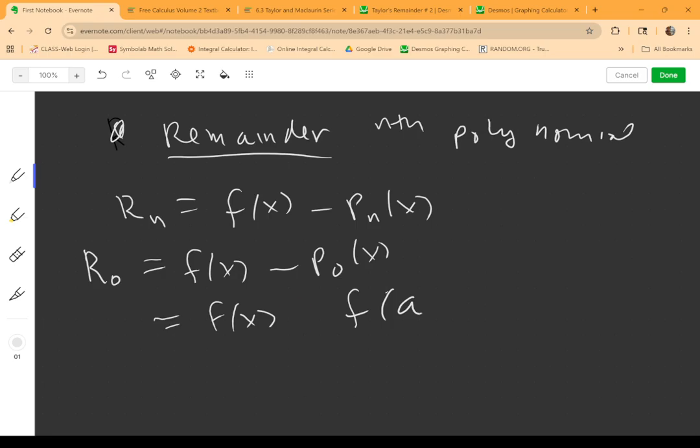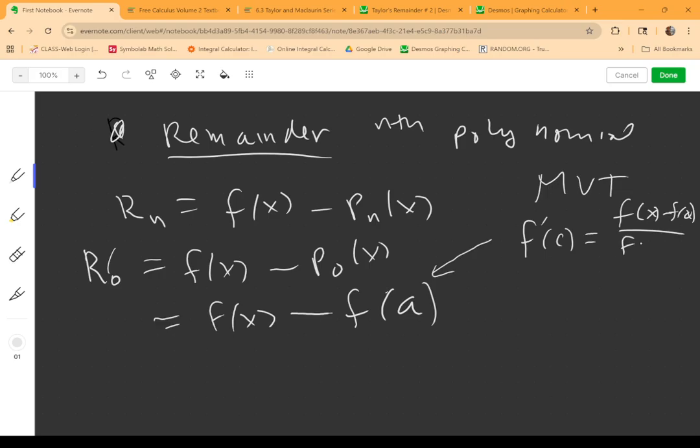Now what we can do is use a theorem from Calculus 1, the mean value theorem. The MVT states that if f is continuous, there exists some value c between x and a where this equation holds.